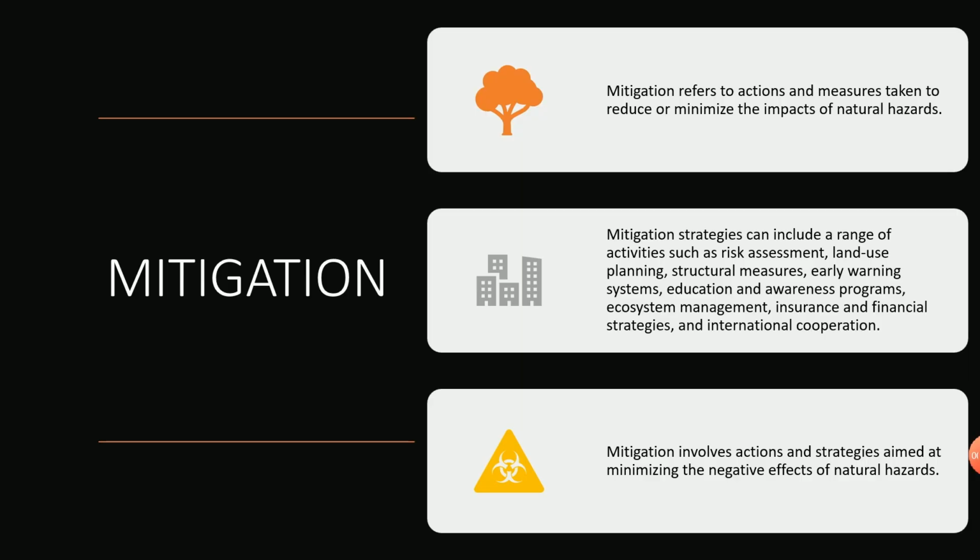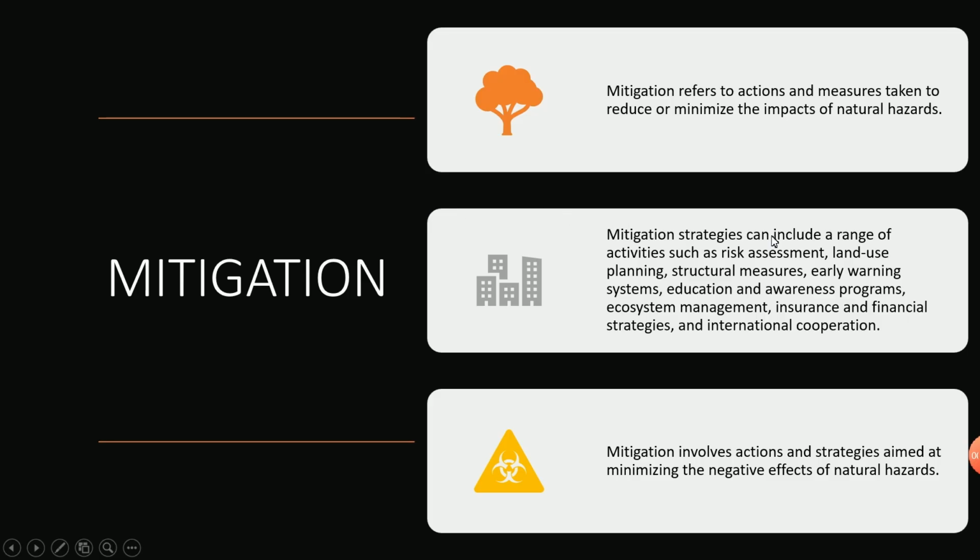So now going on to mitigation. Mitigation refers to actions and measures taken to reduce or minimize the impacts of natural hazards. Whatever steps we are undertaking to prevent or reduce the damage of the natural hazard, that is known as mitigation.